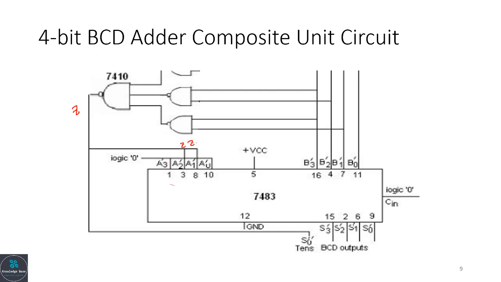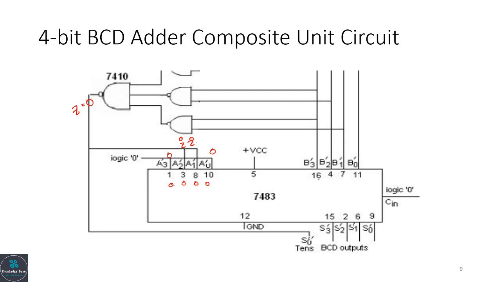So here we are getting Z. Now for this example, Z is 0. So A3 and A0 are grounded, so they are at logic 0. So they are getting 0 and 0. A2 and A1 are getting Z, and here the Z value is 0. So A value is 0, 0, 0, 0.